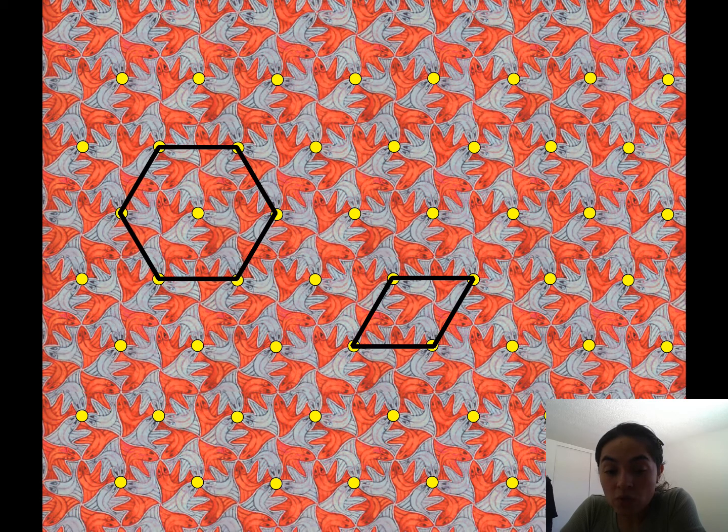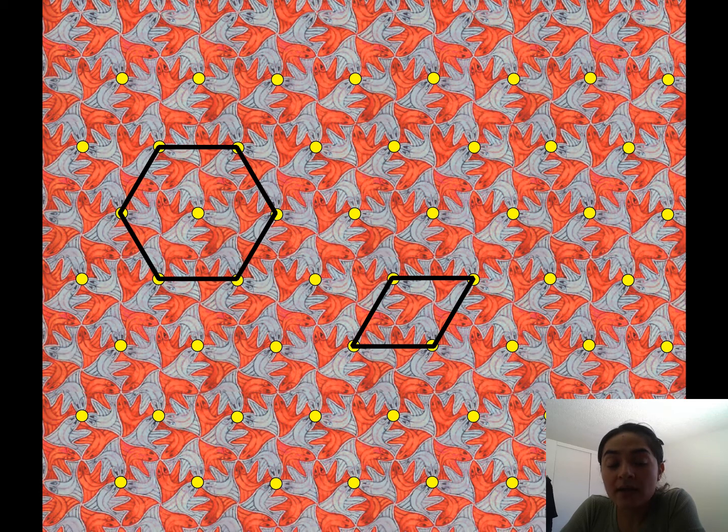We have two of them, so that would be 2/3. And then we have 60 degrees, which is 1/6 of the mesh point. We have two 1/6, which make 1/3. So this encompasses one mesh point. That's one of the definitions for a unit cell, that it has to contain one lattice point, or in this case, one mesh point.